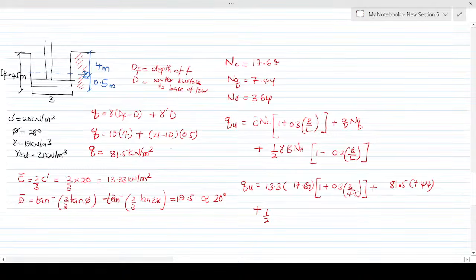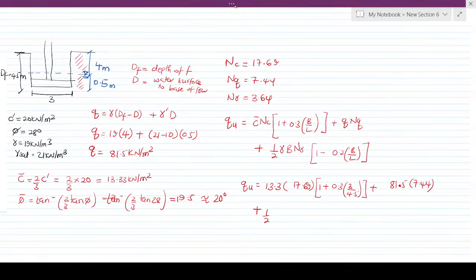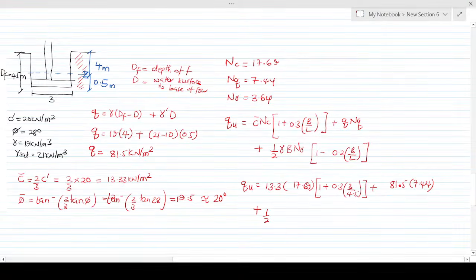So this one too, the gamma that we use in this equation, let me show you. Because there is a water table, the gamma that we use in this equation will be the what? Effective, right? So I will use the effective gamma, which is 21 minus 10, right?